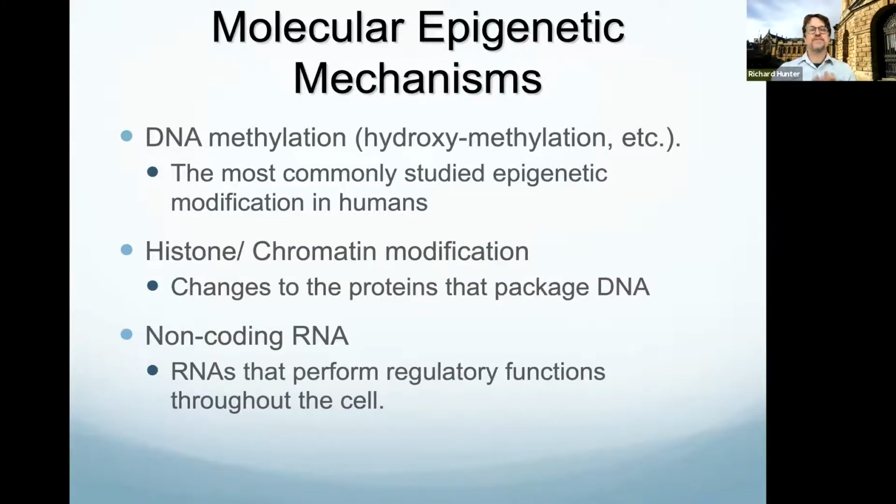Okay, so DNA methylation, hydroxymethylation. This is probably the most important one if you're interested in clinical populations, if you're looking at stress in humans. It is most commonly studied, and part of the reason for that is that DNA is the most stable of the molecules we're talking about here.